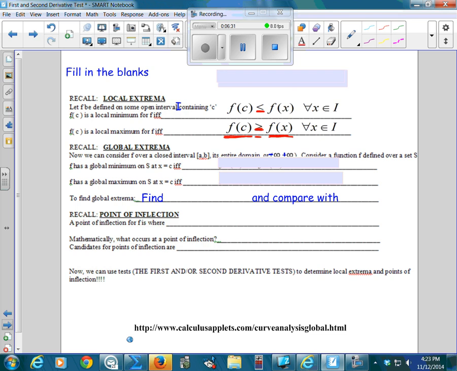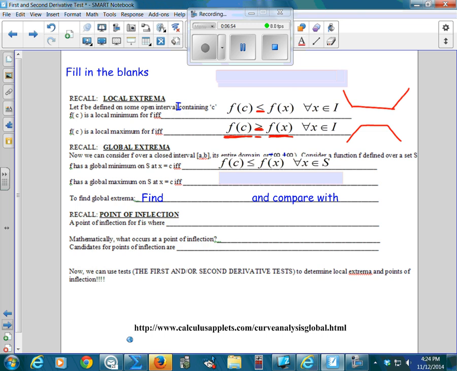If you had a horizontal line, every point on that line would be a local minimum and/or a local maximum. It's kind of a weird and broad definition, but we have that. Global extrema, on the other hand, do not have to occur over an interval.